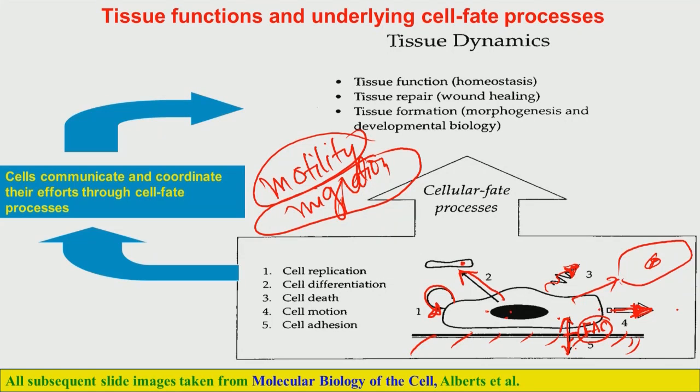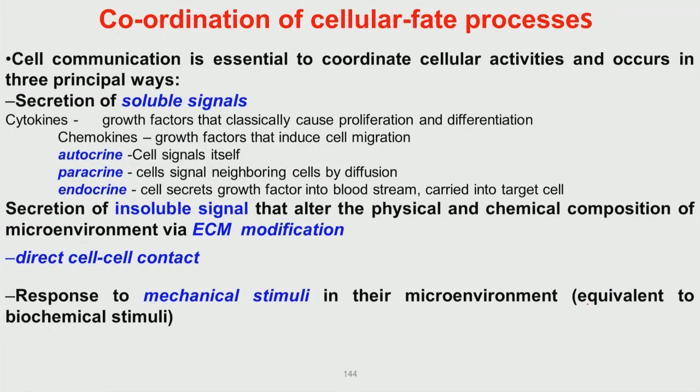This kind of transport, going from one place to another on a non-biological synthetic surface, is known as cell migration. And the fifth one is cell adhesion that I have mentioned earlier.